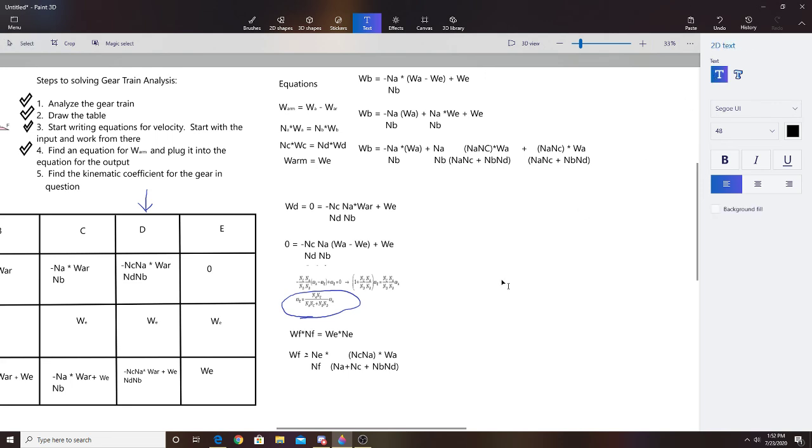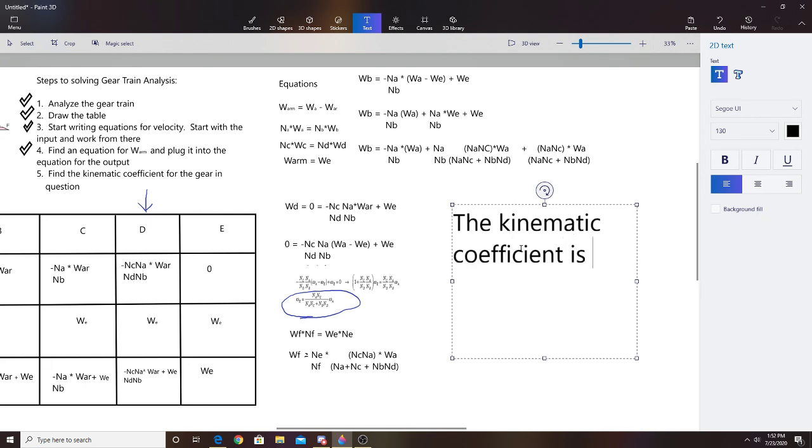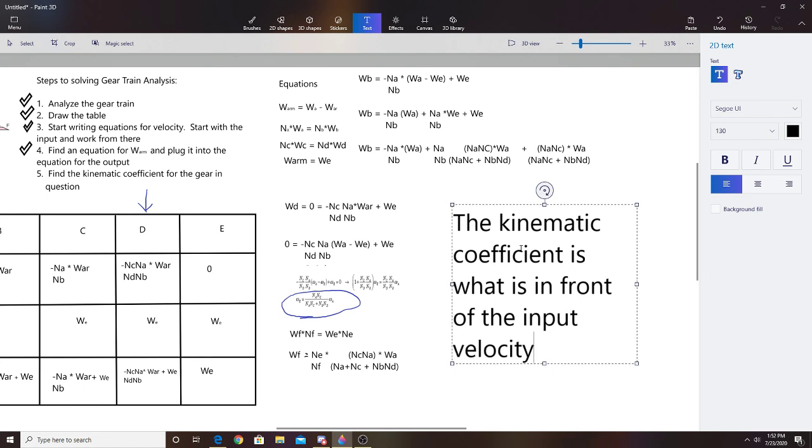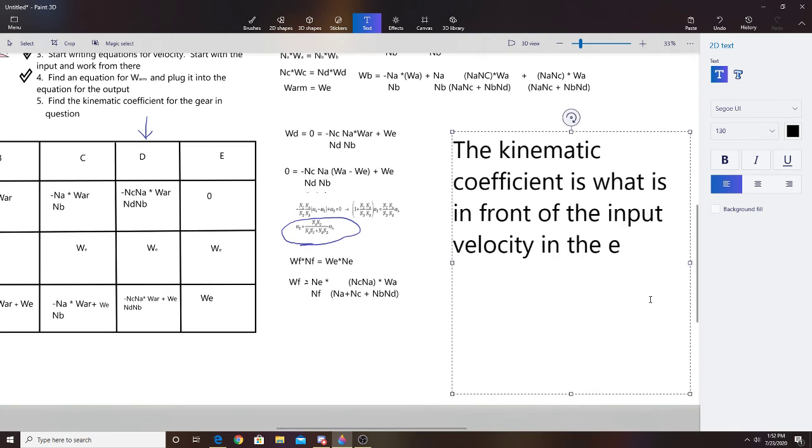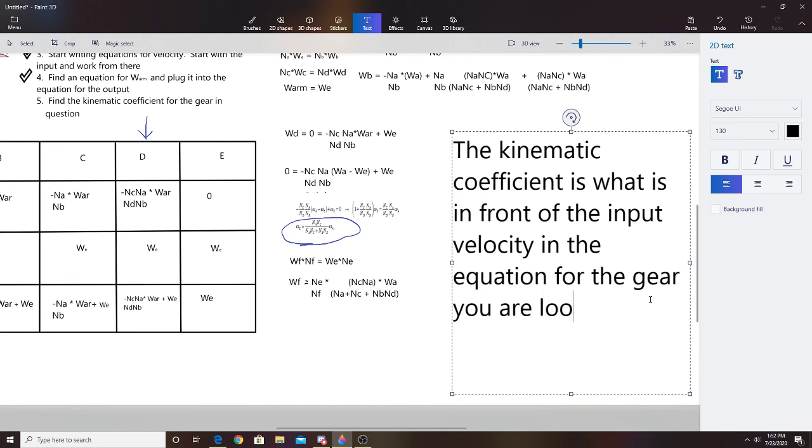So let me put this in big bold letters here. The kinematic coefficient is what is in front of WA, or the input velocity. Wow, big bold letters backfired on me here. Whatever is in front of the input velocity in the equation for the gear you are looking for.